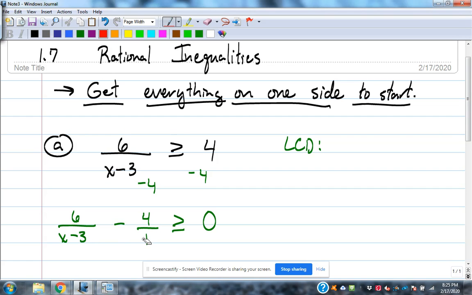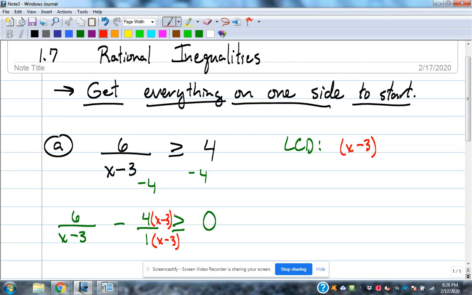We've got an x minus 3 and a 1. Well, do they have anything in common? No. Both of them need to be x minus 3. The first one's already got that. The second one needs it. Here's the beautiful thing about getting a 0 on one side.